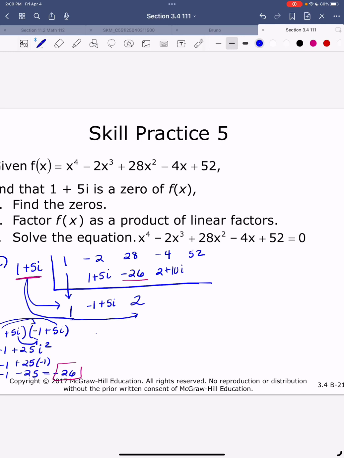Now I've got a 1 plus 5i that I have to, actually, I did that work already. Now I need to combine these. Negative 4 plus 2 is going to give me a negative 2. So I'll be left with a negative 2 plus 10i.